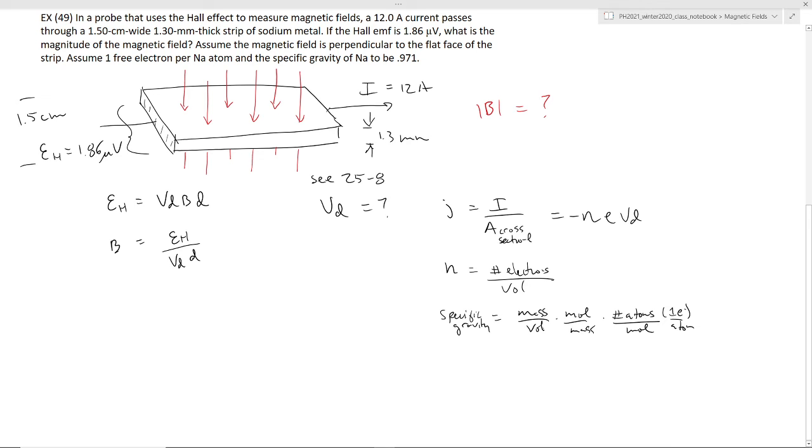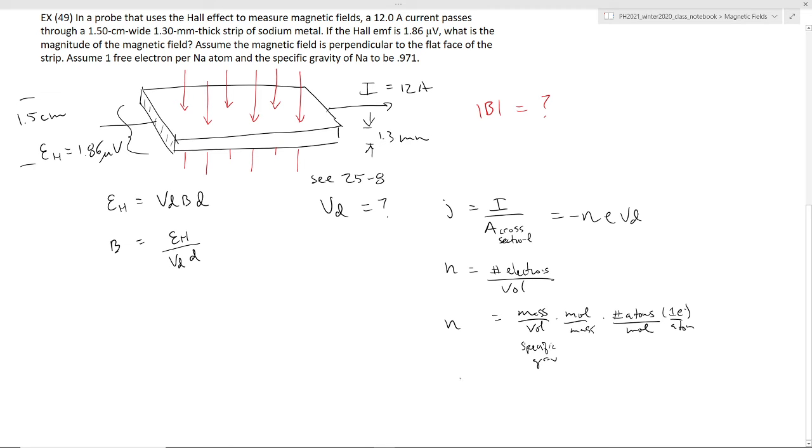Then this should give us something that would have units of number of electrons per volume.